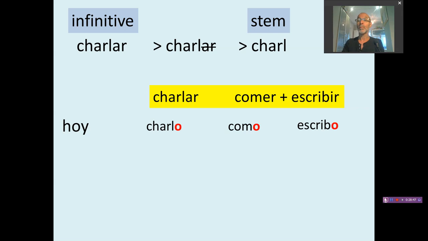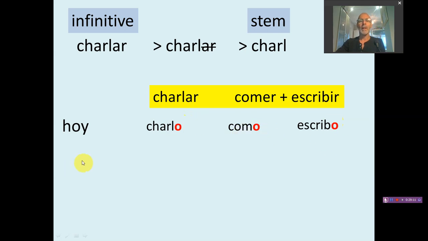Como un bocadillo de queso. Escribo can mean I write, as in I write to my sister every week, and it can also mean I am writing. I'm writing my sister's birthday card now. So there's a double meaning potentially to the present tense.